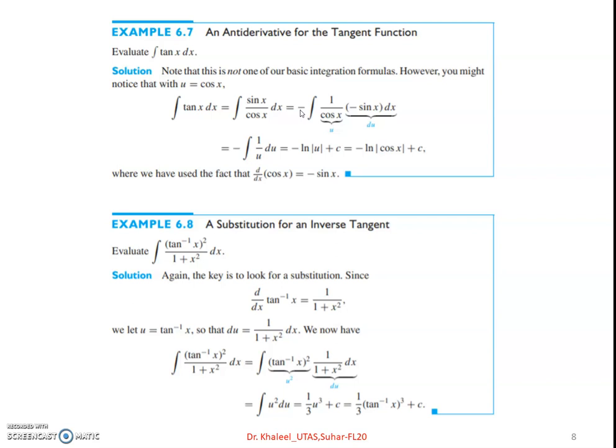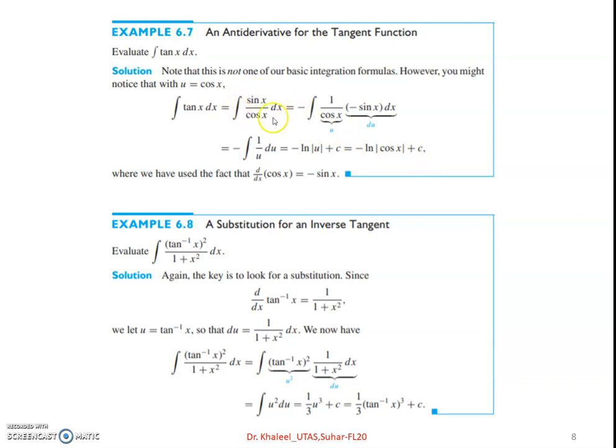So what happens here is that if I take u as cos x, what is du? It is minus sin x. So therefore I take this minus here extra, so I multiply by minus, so minus 1 upon u du. So this is minus ln u plus c, and that is the answer.